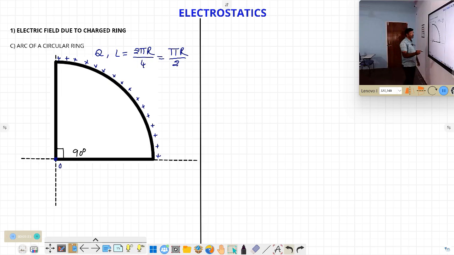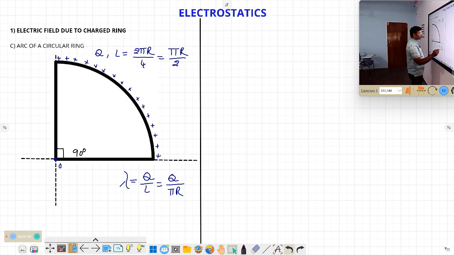Since it is a wire, I can write the concept of linear charge density. Linear charge density is the charge occupied per unit length, that is total charge by length, which is q divided by pi r by 2. The total circle is 2 pi r, half of the circle is pi r, and half of that is pi r by 2.